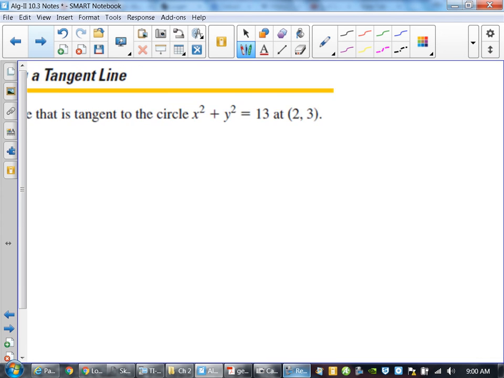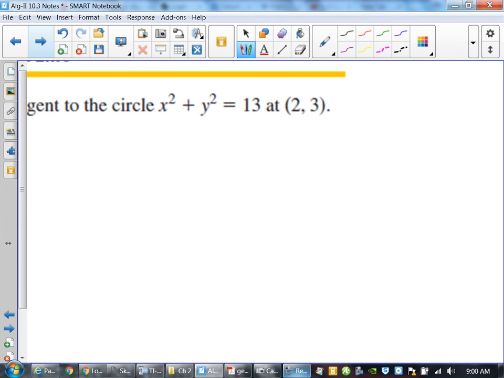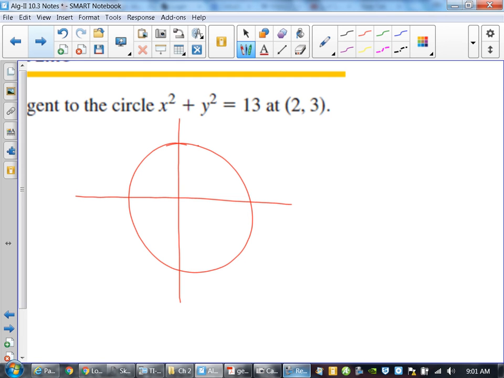Find the equation of the line that is tangent to the circle x squared plus y squared equals 13 at the point (2, 3). The square root of 13 is more than the square root of 9, but it's less than the square root of 16.